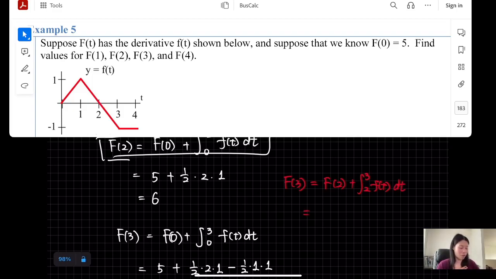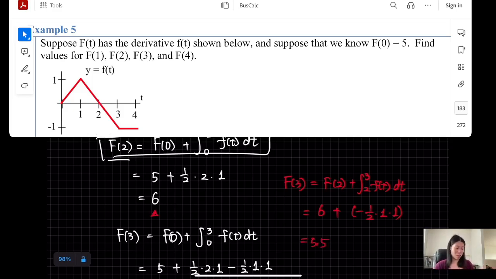So f of 2 from earlier, we know is equal to 6, plus what? The area is negative, right? So that means I have to subtract, and this is a little triangle with base 1 and height 1. So you will get the same answer.